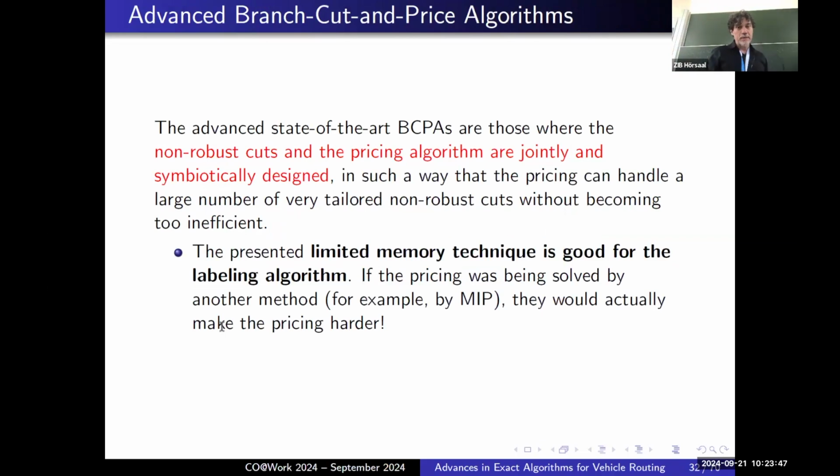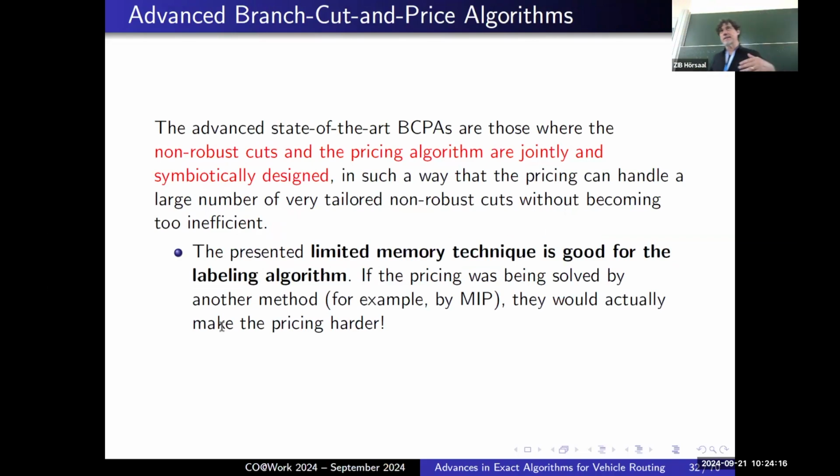And actually, what we now call the advanced branch-cut-and-price algorithms are exactly these, the algorithms where the pricing and the cut are designed in a symbiotic way so that they can work together very well. Okay? And the cut is already devised thinking of the dynamic programming labeling algorithm.